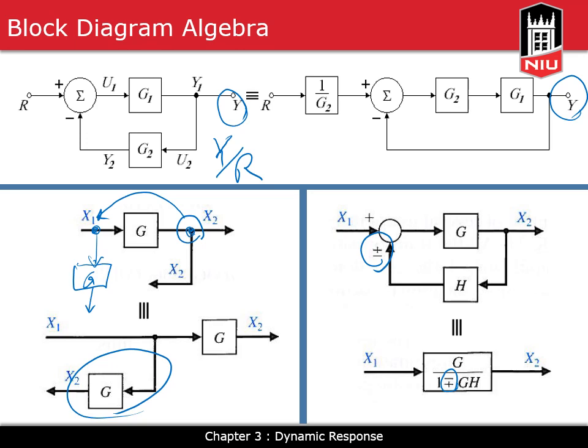This means if you have a feedback loop with G in the forward path, H in the feedback path, with a positive feedback, then the equivalent transfer function will have a negative sign in the denominator between 1 and G times H. If the feedback is negative, then you will have a positive sign in the denominator. It's the opposite. Most of the time we have negative feedback. If the feedback is negative, you have G over 1 plus GH as the equivalent transfer function. Again, this shows up many places. Try to remember this one.